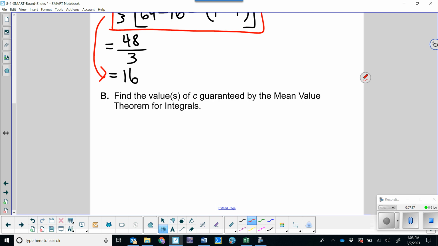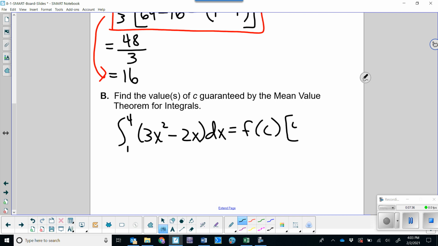Now part B says find the value of C guaranteed by the mean value theorem for integrals. Okay, so this is saying mean value theorem of integrals says if I integrate from 1 to 4 of the function, then I'm supposed to get f of C times b minus a, which is 4 minus 1. And so I can solve. Well, I just did this integral on the left.